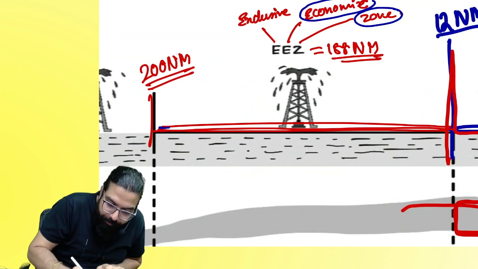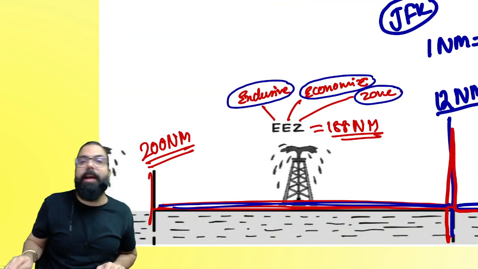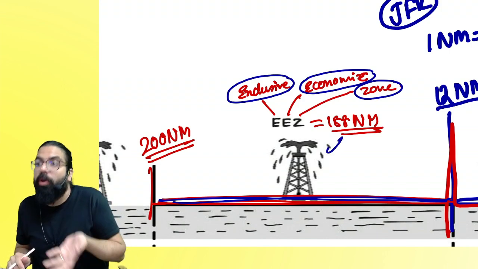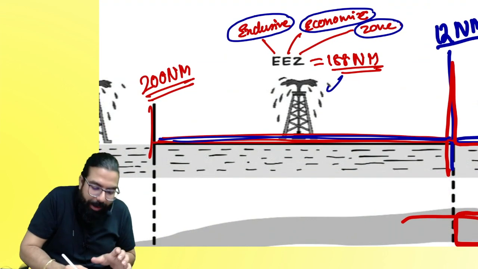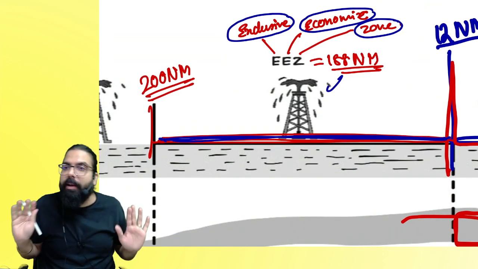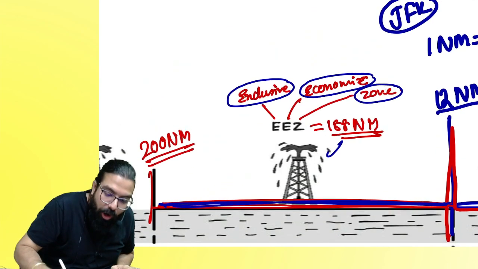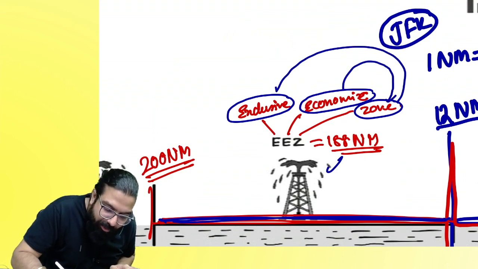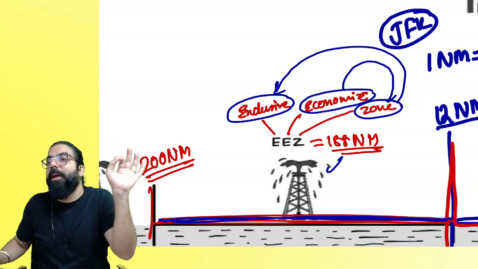This zone can be exclusively used by India, meaning oil exploration and petrol extraction. Who can do it? India. And this is also a part of India. The economic capacities of this zone can be exclusively used by India, and that is why it is known as exclusive economic zone.